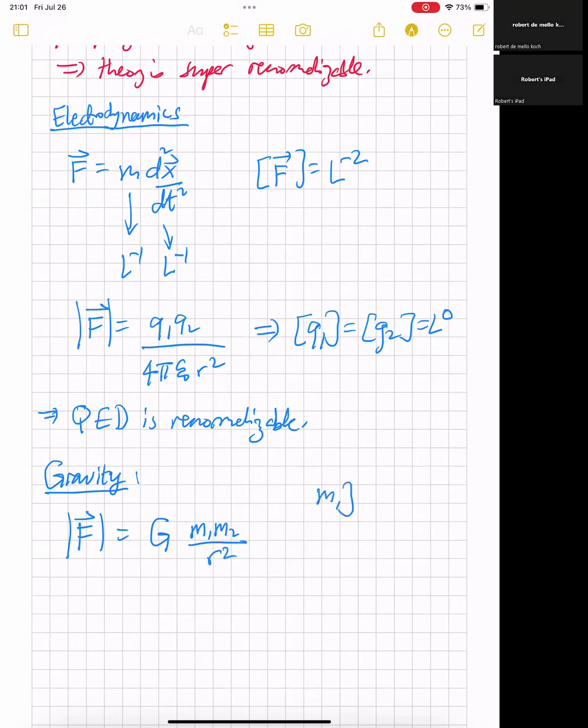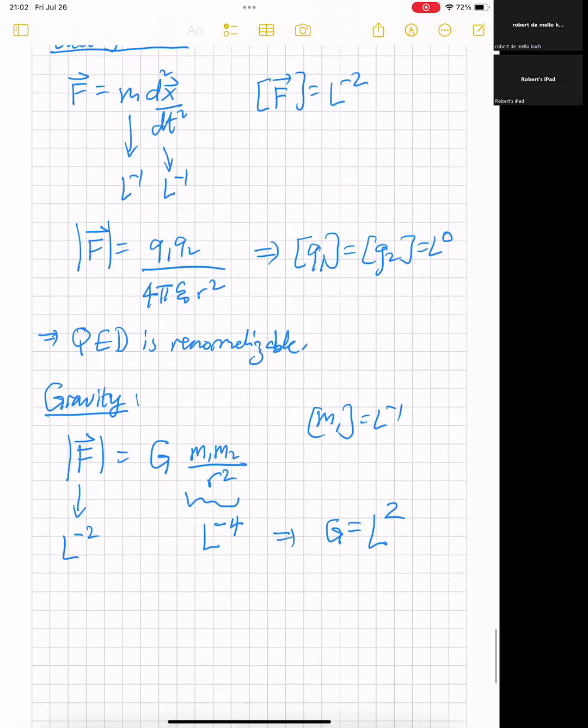Remember that mass is an inverse length. So this thing sitting over here is an inverse length times an inverse length over a length squared. So this is a length to the minus 4. This is a length to the minus 2. So this means G has to be a length squared. That means positive length dimension.